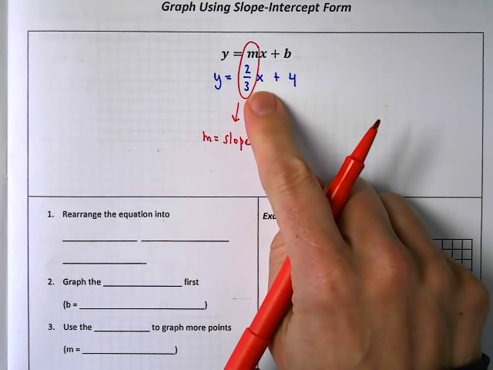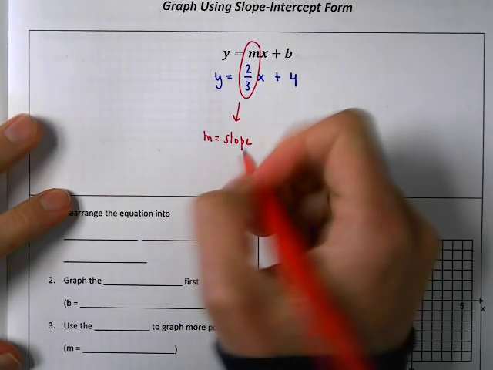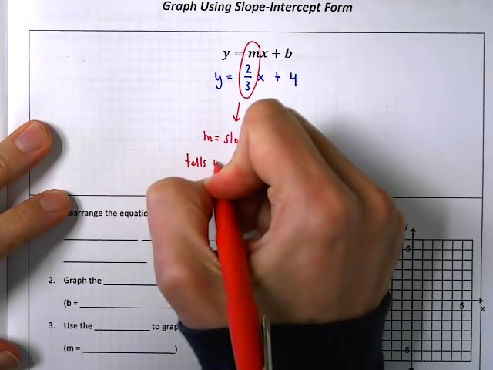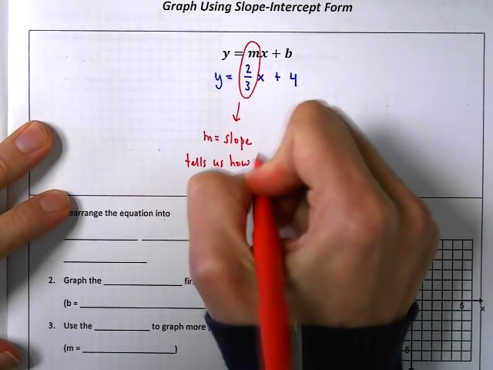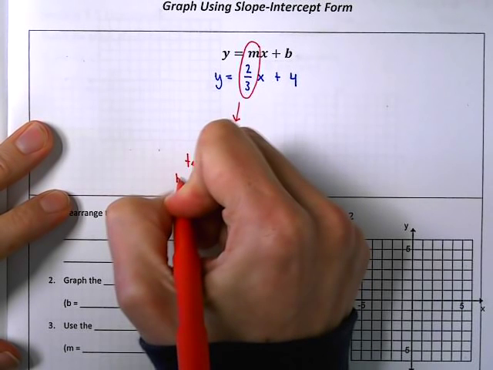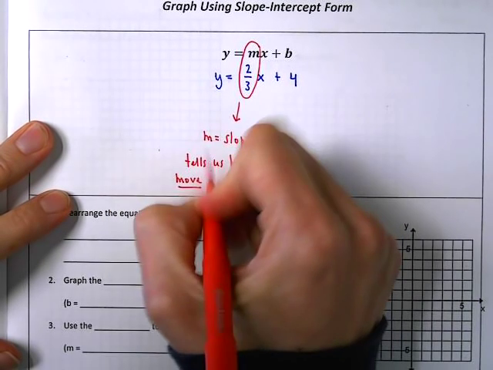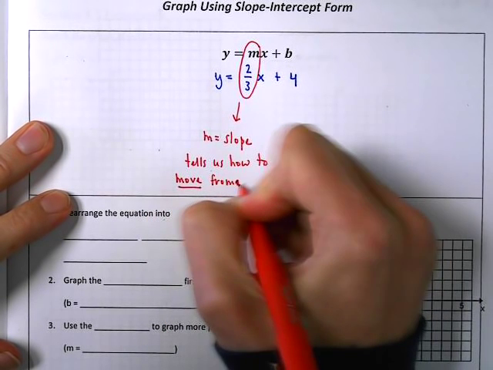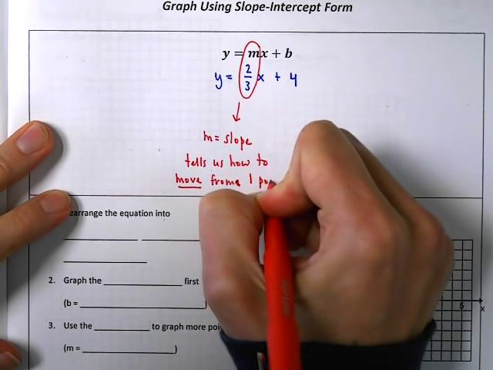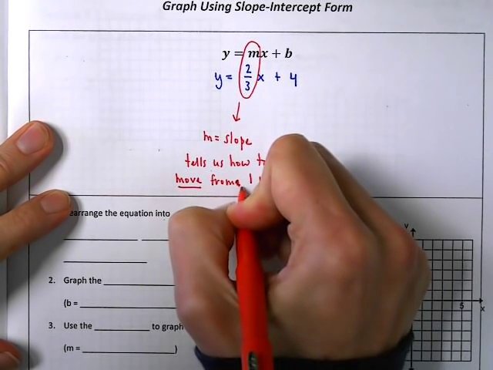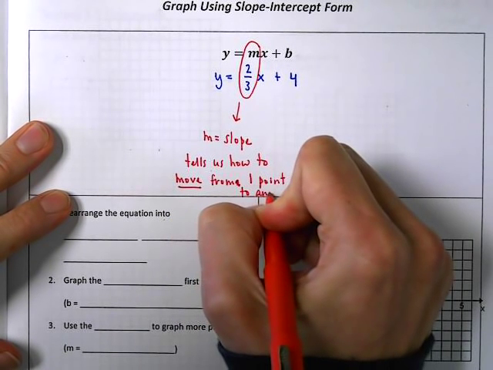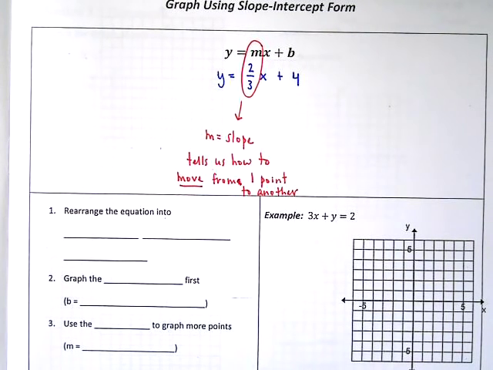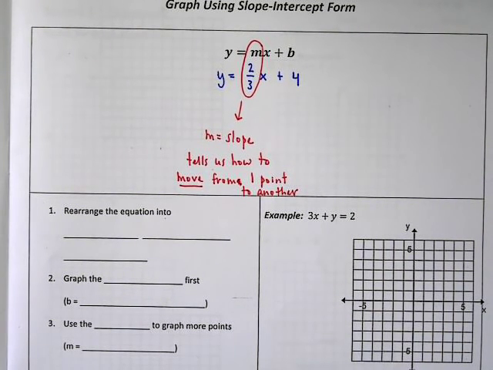Now, what we can use to help us remember, we're going to say that the m tells us how to move from one point to another. And you'll see how that works in a minute when we start graphing.